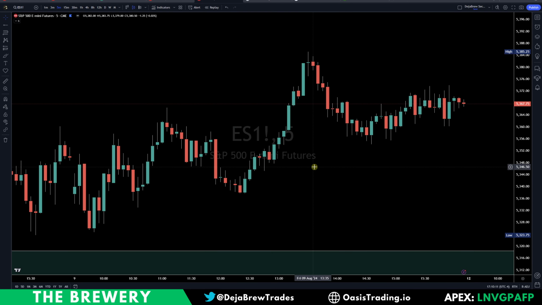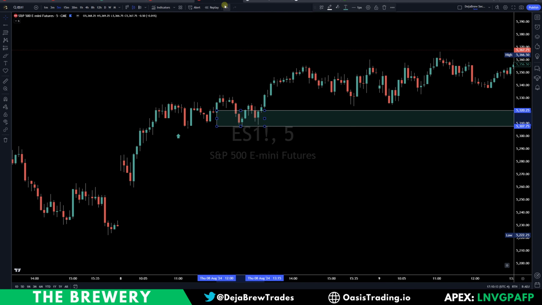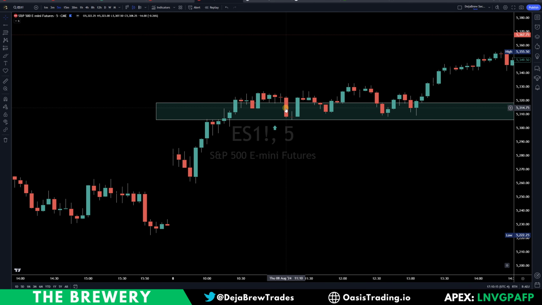So if we go down to the 5-minute, we can see that 11 o'clock pullback right here. This would have created that zone. So then on this pullback, and this pullback, we could have traded that bullishly. And notice how every single one of those pullbacks does not break the low of that zone.